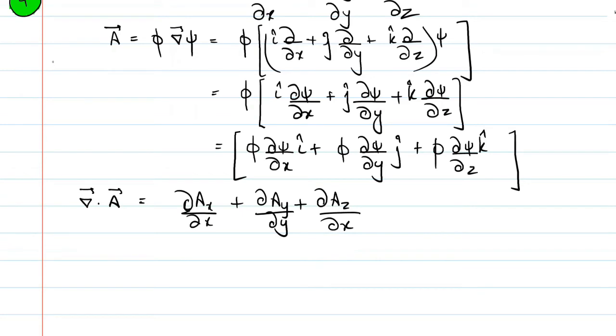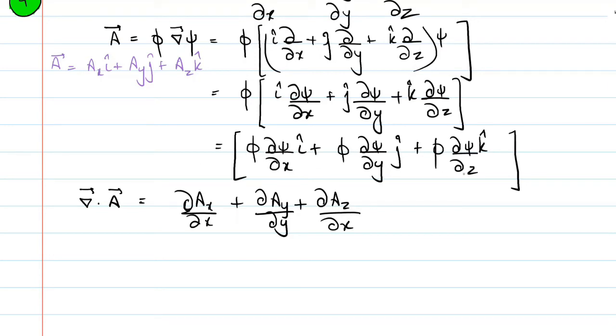As we know, generally we express our vector as Ax i cap plus Ay j cap plus Az k cap. So anything with i cap is the x component of the vector, with j cap is the y component, and with k cap is the z component.